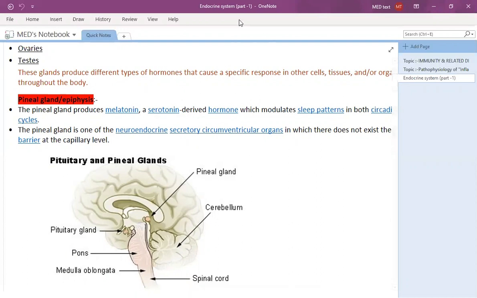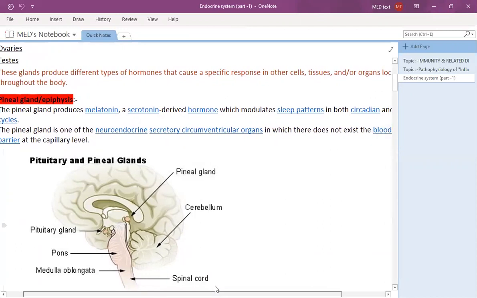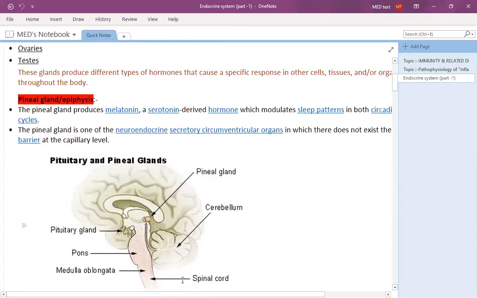The next point, it's one of the neuroendocrine secretory circumventricular organs in which there does not exist the blood-brain barrier at the capillary level. So this function most of you might not have known, like pineal gland, we just think of sleep modulating hormone gland, right?